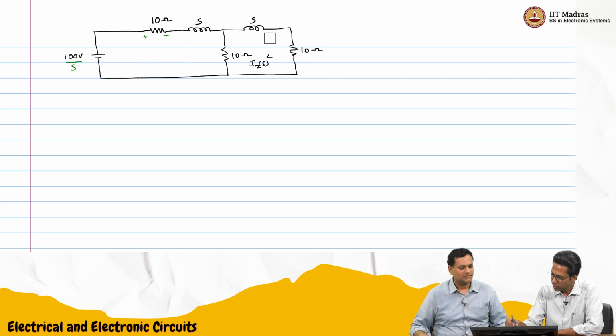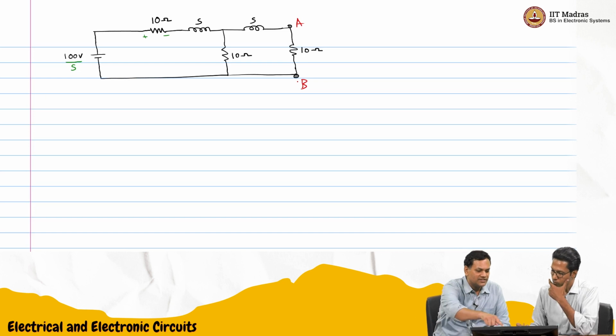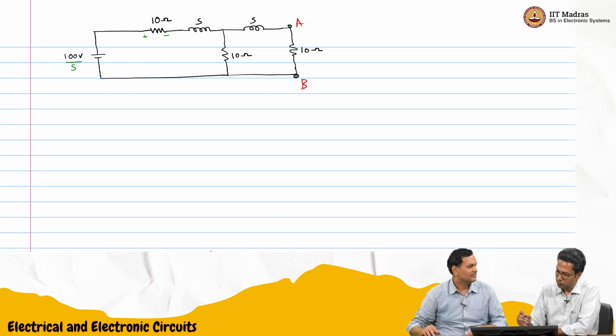Anyway, we are interested only in I2 of t. So maybe you can mark those two nodes, A and B. And we are going to remove this 10 ohm resistor, which is RL, as far as we are concerned.